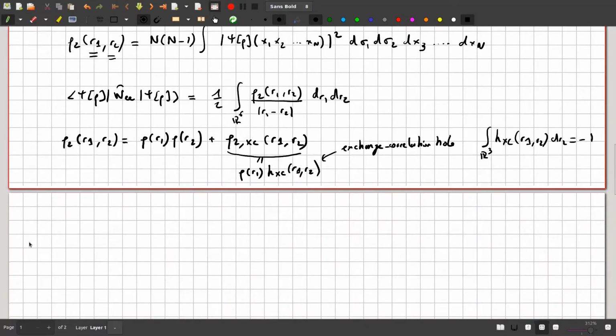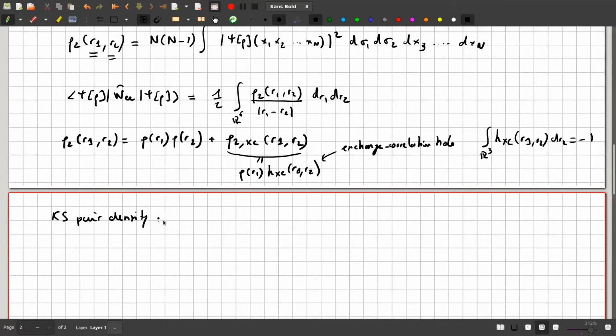Okay, so for this, we first define the Kohn-Sham pair density. That is the pair density that we define with the Kohn-Sham single determinant wave function phi of rho. And this pair density, I will call it rho2 KS. Okay, so that's the same definition as before, but you replace psi by phi.